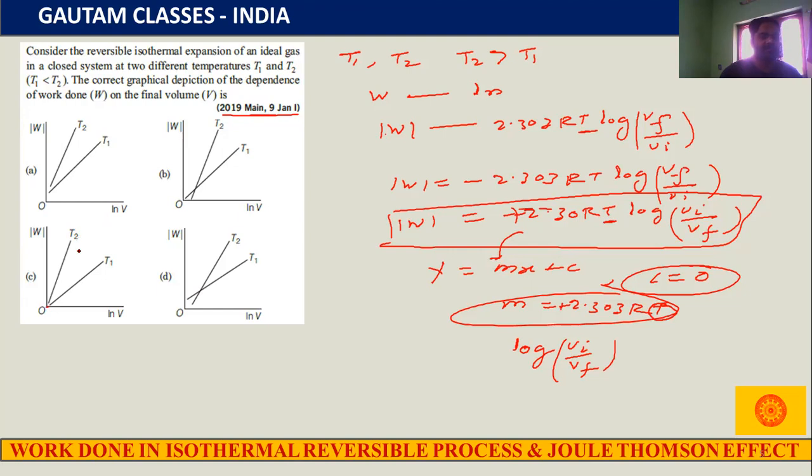Definitely that is going to show, and the intercept will also not be zero, and those lines are not going to intercept. Look, in all of those they are going to intercept. Here it is going to intercept, here also it is going to intercept, but at that place the intercepting point is coming at that place, this is also wrong. So ultimately which one is correct? C. So C is our correct answer.